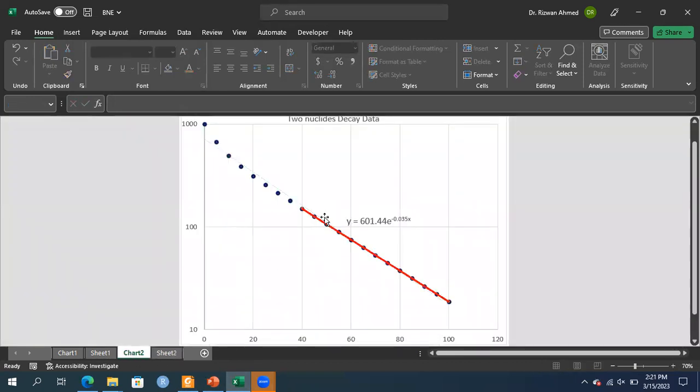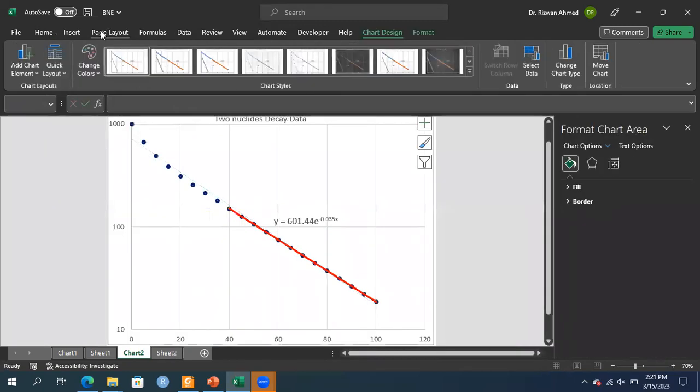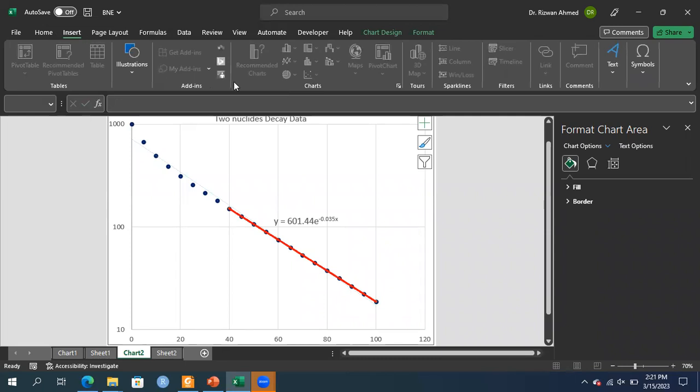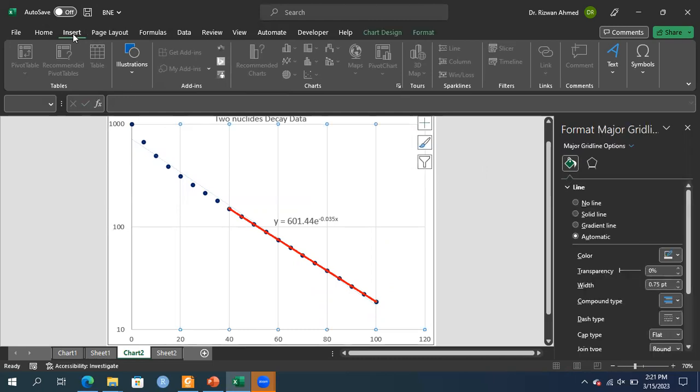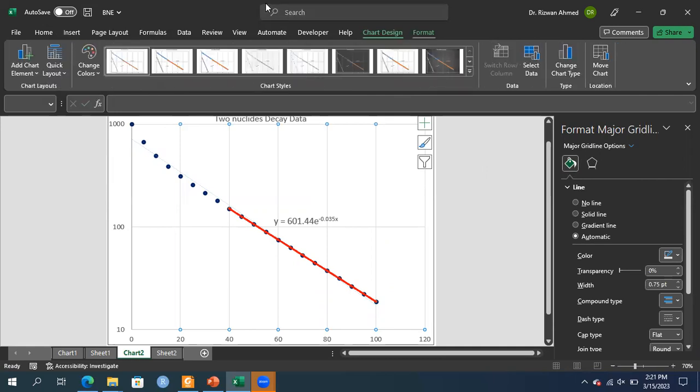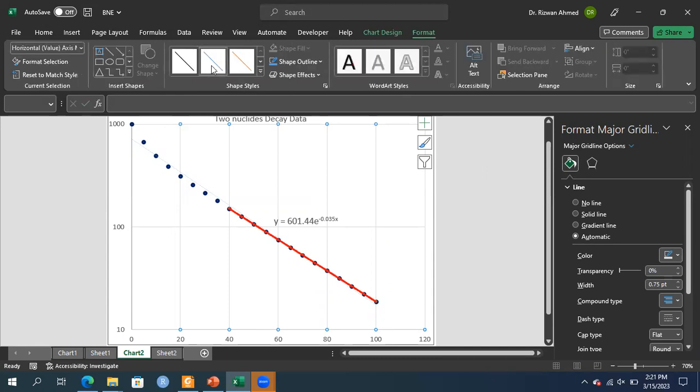On a graph paper, we can do the extension, like insert. Okay.